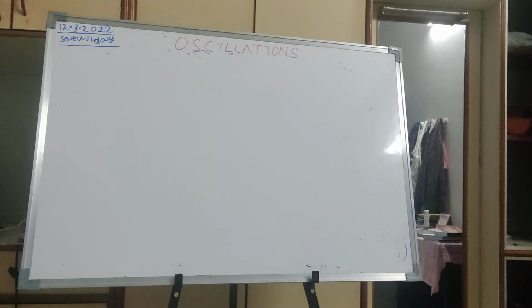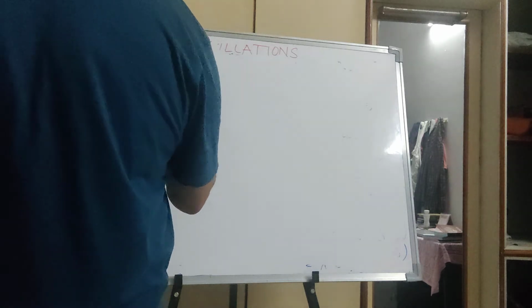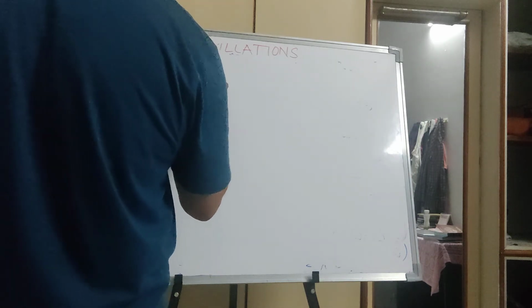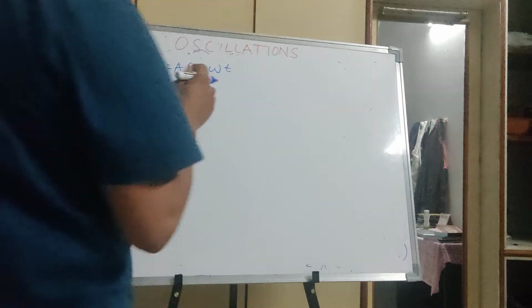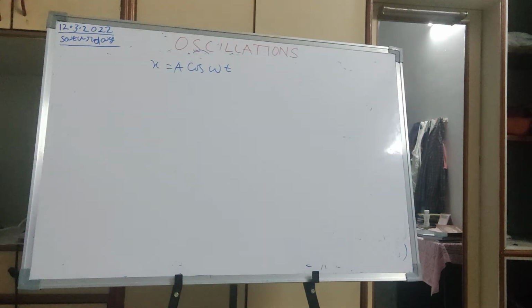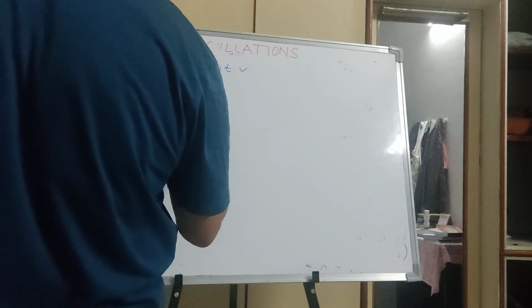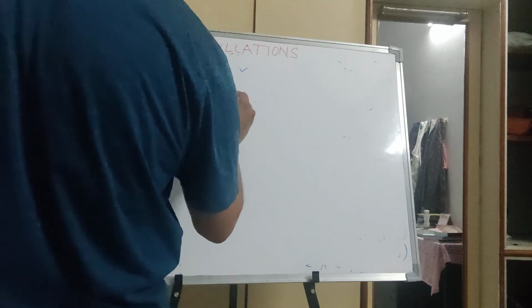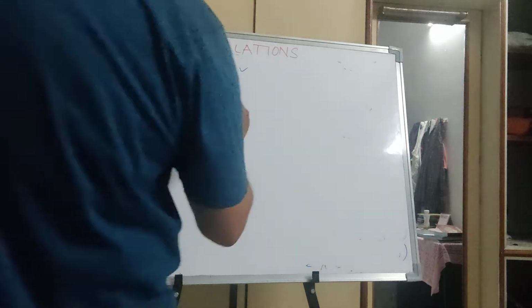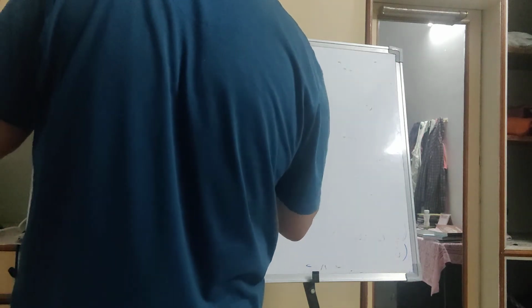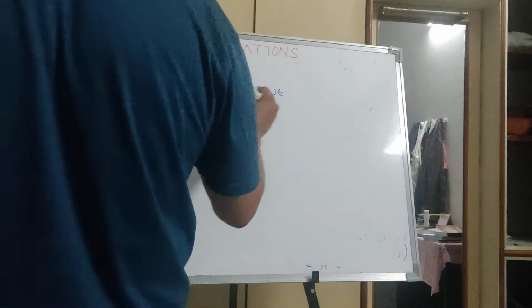There is one example of how we will say that. We have told that x is equal to a cos omega t, and it's a simple harmonic motion. Here they are asking, if this is simple harmonic motion, whether x is equal to sin omega t plus cos omega t is also a simple harmonic motion.